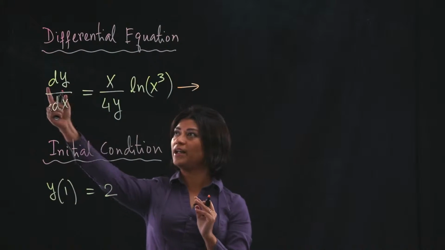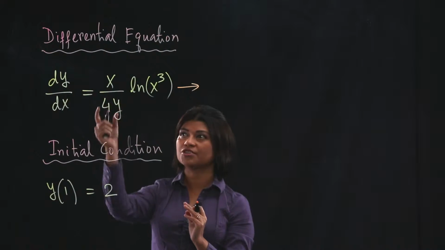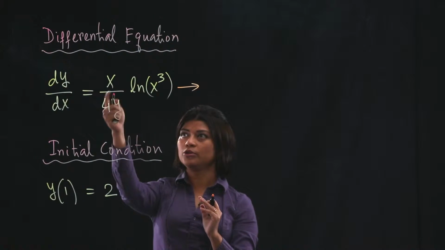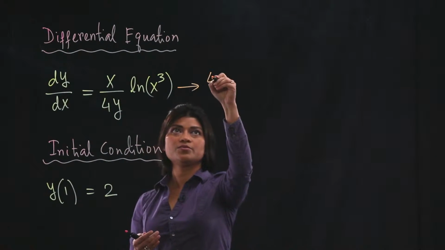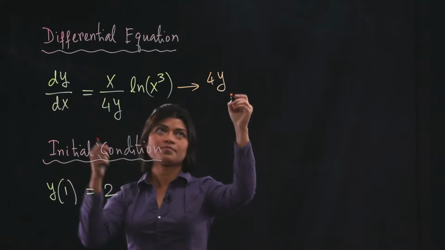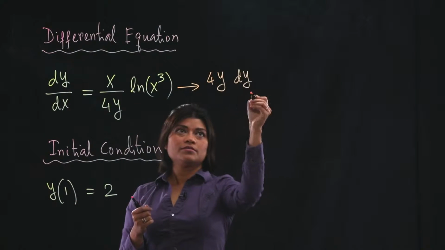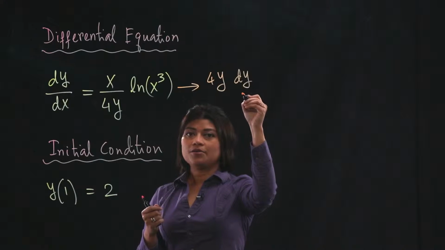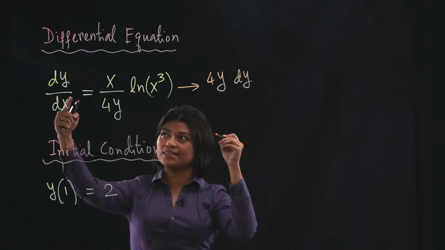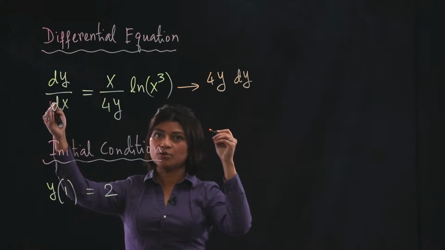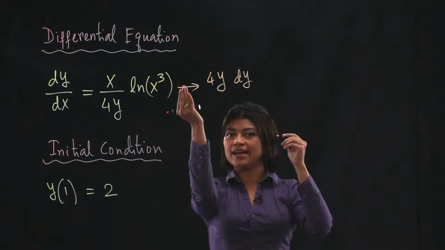You see, if you multiply this entire equation by 4y, you will not have y on the right hand side. So let's do that. So we'll have 4y dy. Now here's the thing. We will have x in the right hand side and we have this dx in the left. So why don't we bring the dx on the right as well?